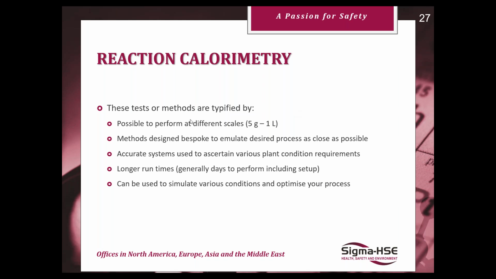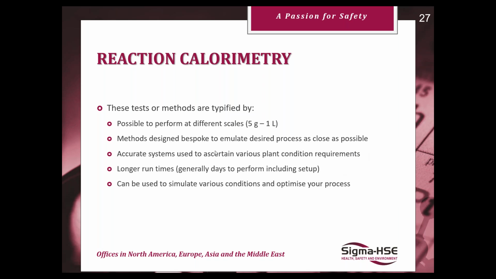So our reaction calorimetry methods can be done at different scales. These can be done at roughly 5 grams to a litre scale. The methods have to be designed bespoke based on the process under evaluation, getting the reaction conditions as close as possible to those that will be on plant.